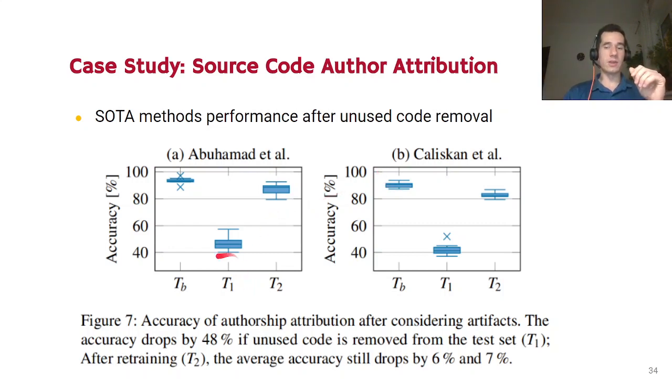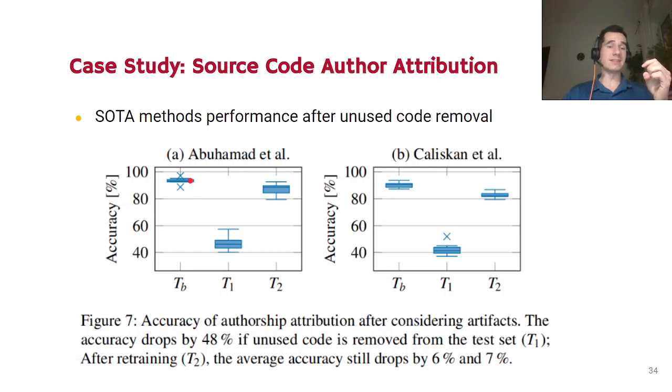The first, in T1, they dropped the unused code only from the test set. So the models were trained on the same data, but the dead code was dropped from the test set.